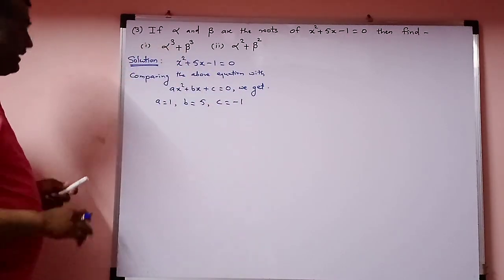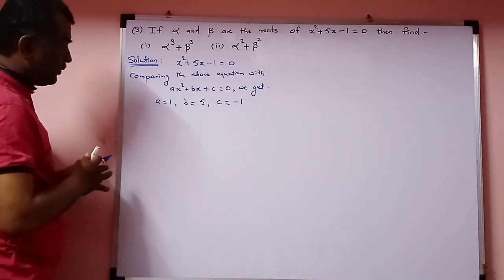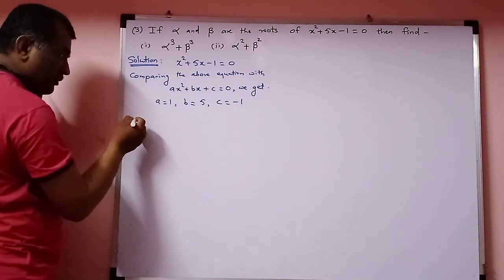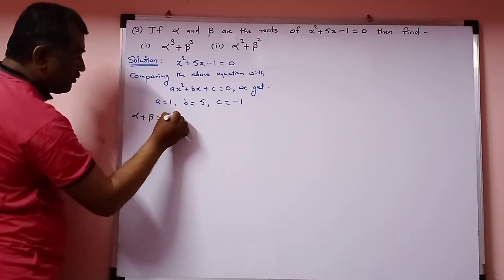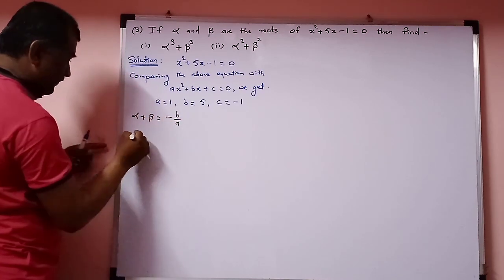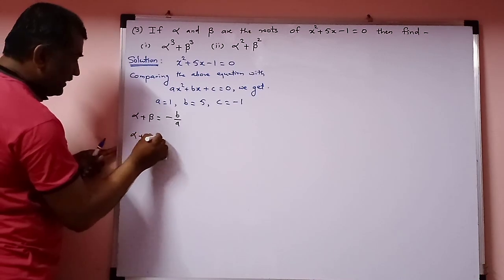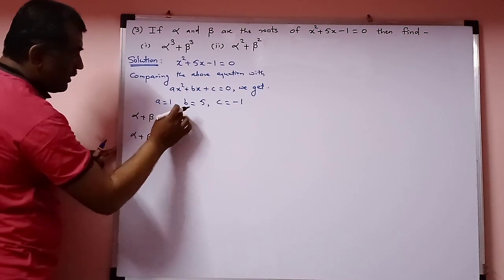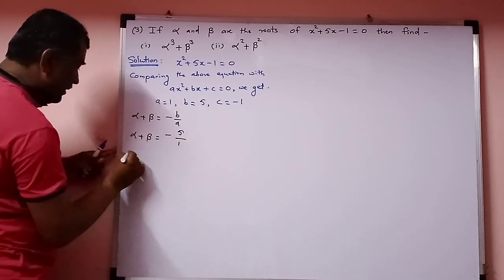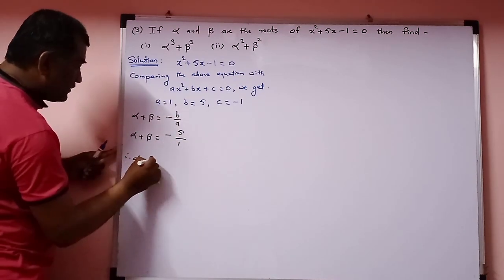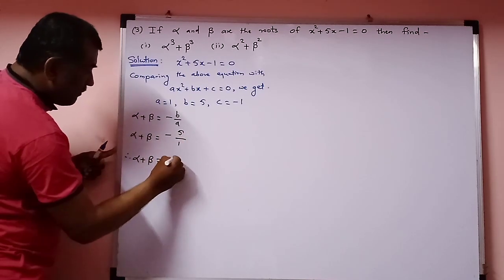Now alpha and beta. First we find the addition of the roots of the quadratic equation. Alpha plus beta is equal to minus b upon a. Alpha plus beta is equal to minus value of b 5 upon value of a 1. Therefore alpha plus beta is equal to minus 5.